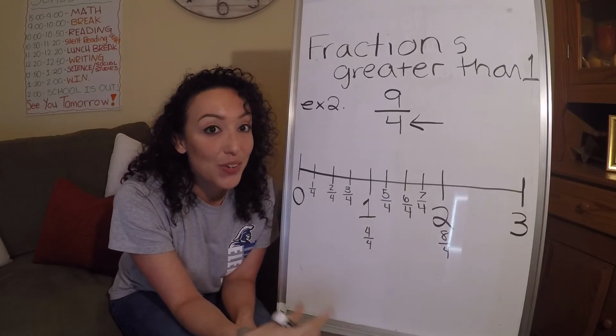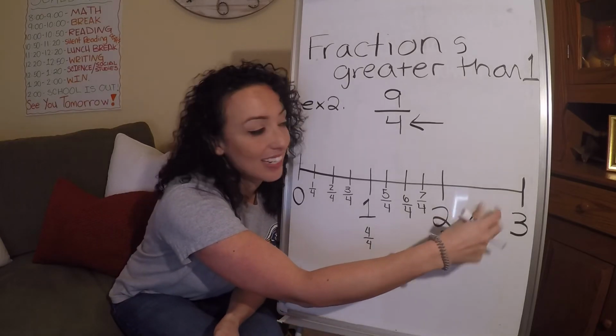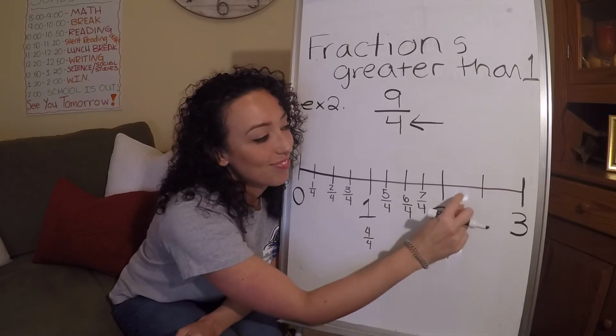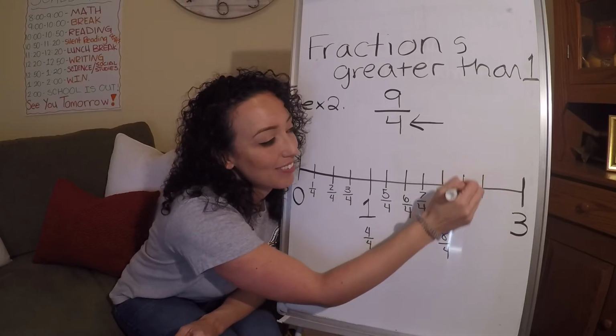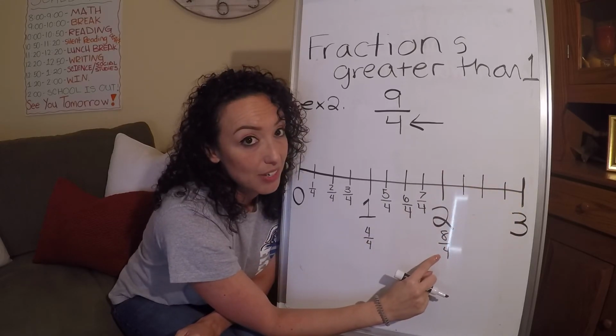Cut your final whole number into fourths, right here. Cut it in half. Cut your halves in half. I love fourths, they're easy. All right, don't get tricked.